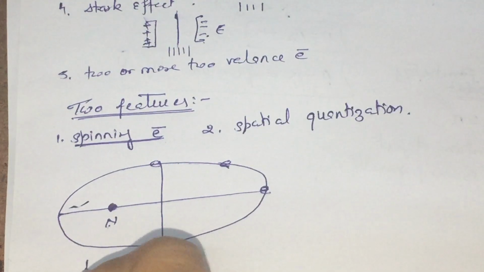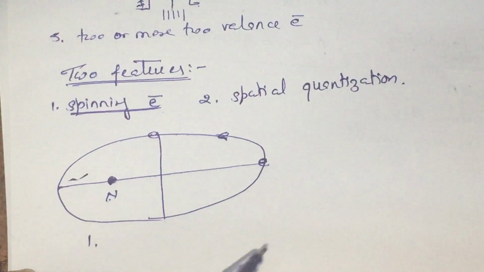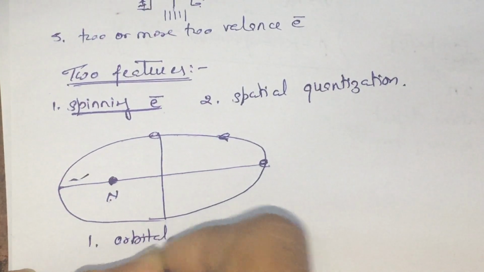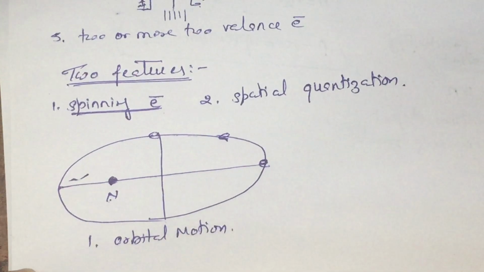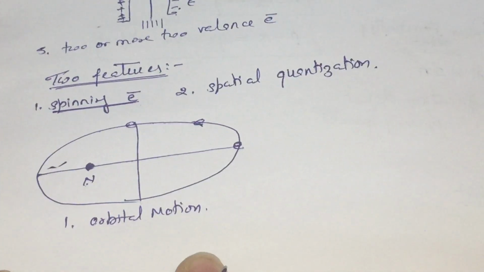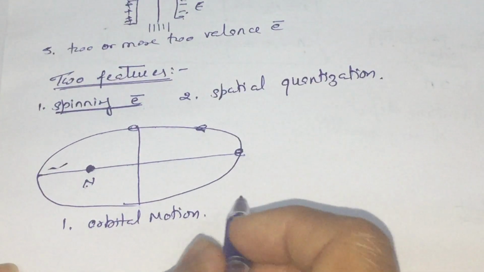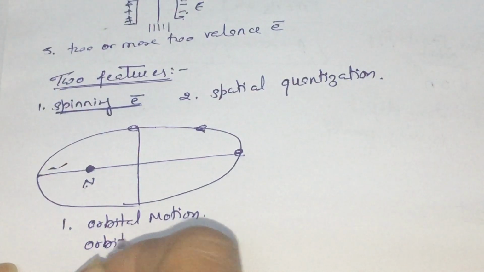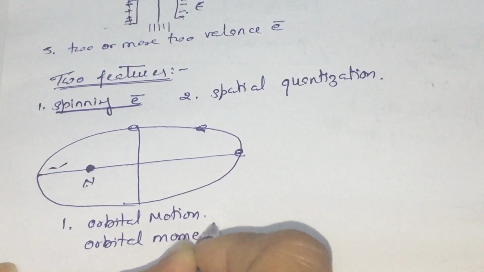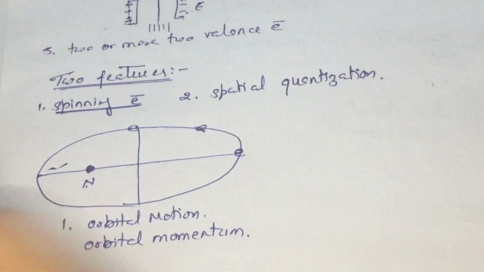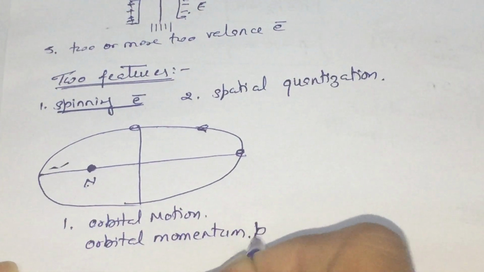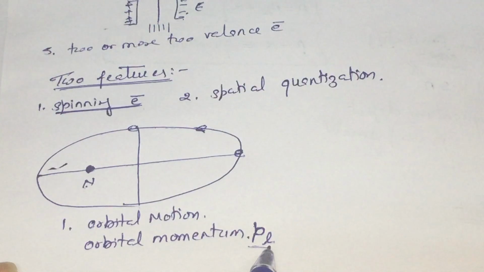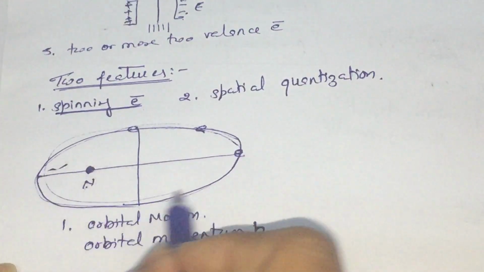The motion of the electron in its orbit is known as orbital motion, and due to this orbital motion, there is an angular mechanical momentum, known as orbital momentum, which is represented by PL. This PL represents the orbital motion of the electron.